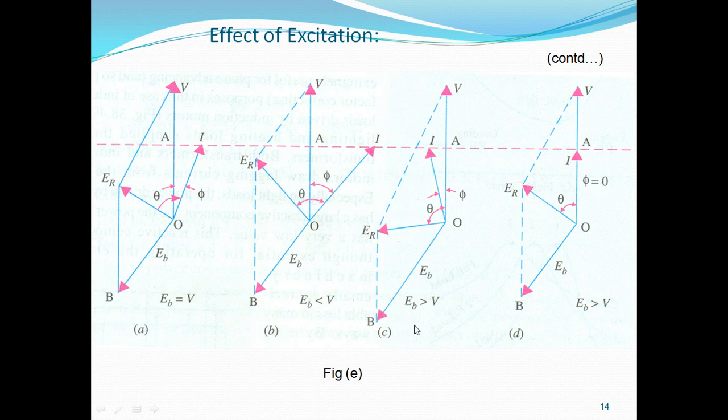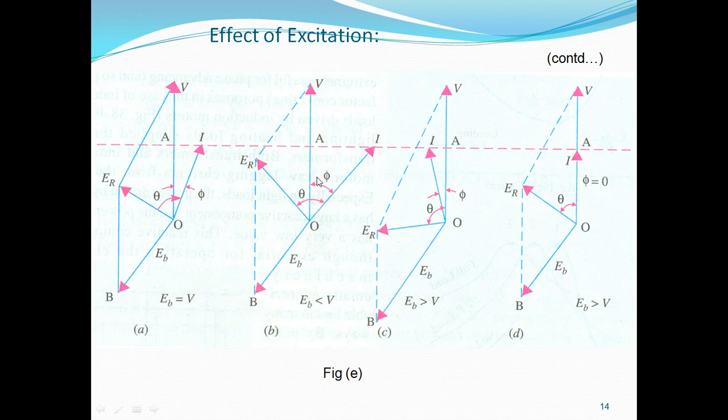So when the excitation EB is greater than V, it is called over excitation. So in over excitation, EB is greater than V and the current leads the voltage by angle phi. In this case also, current increases and the power factor cos phi reduces. Why? Because the product of both is constant. Suppose the excitation is changed to some particular point.